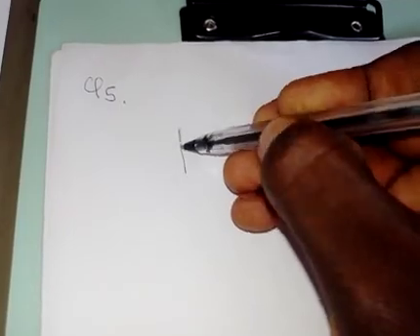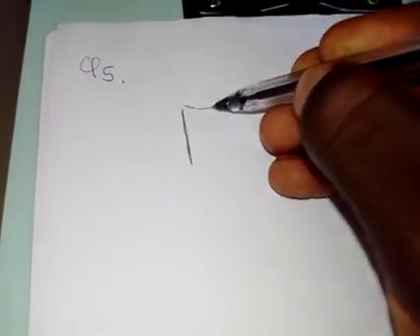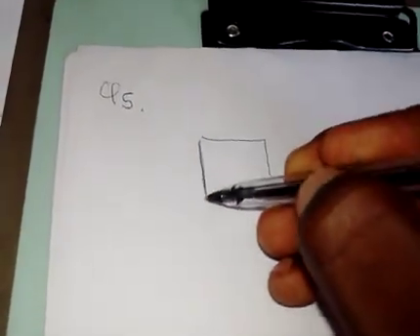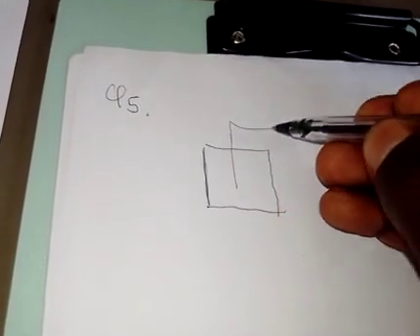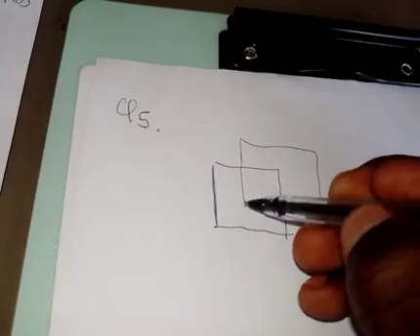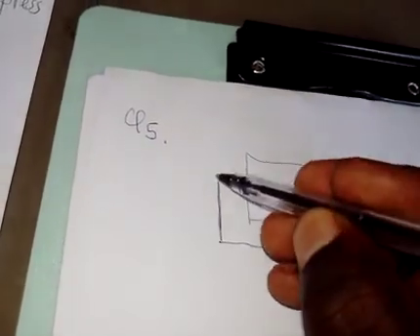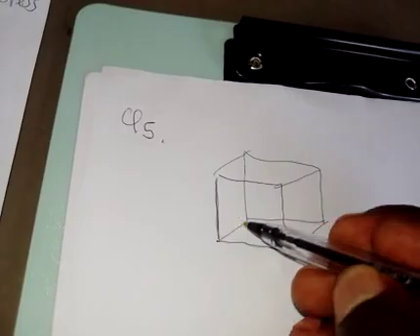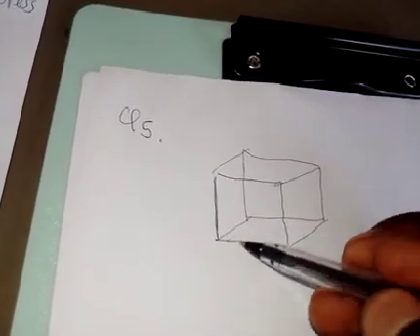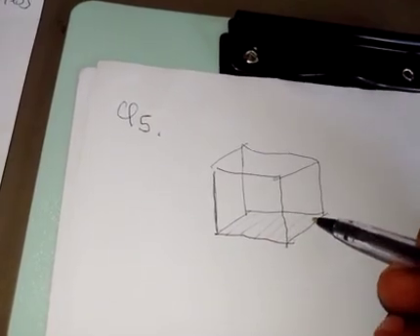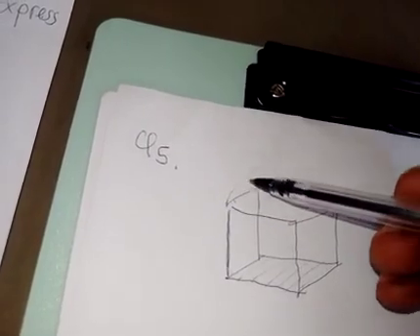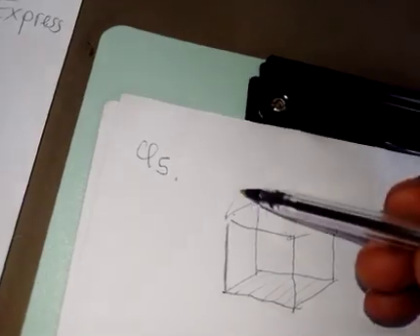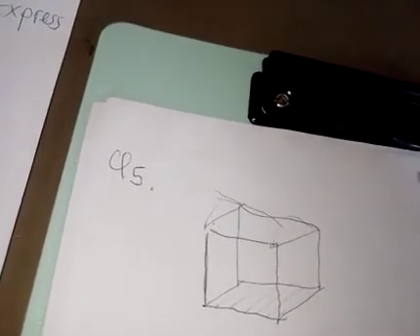So let's assume, let me do this. We have a square like that. Let's say this is the floor, down there. Then on top we have the roof.